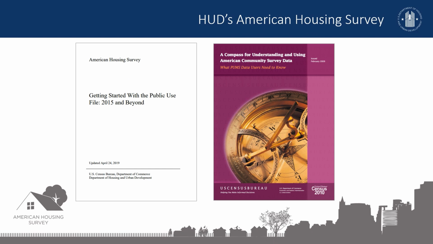Both surveys have public use file users' guides. Getting Started with the Public Use File 2015 and Beyond provides a user-friendly introduction to the 2015 and 2017 AHS PUF microdata. This free Getting Started guide explains important differences between the 2015 and 2017 PUFs relative to prior year PUFs. You can download the guide from the Technical Documentation section on the American Housing Survey website.